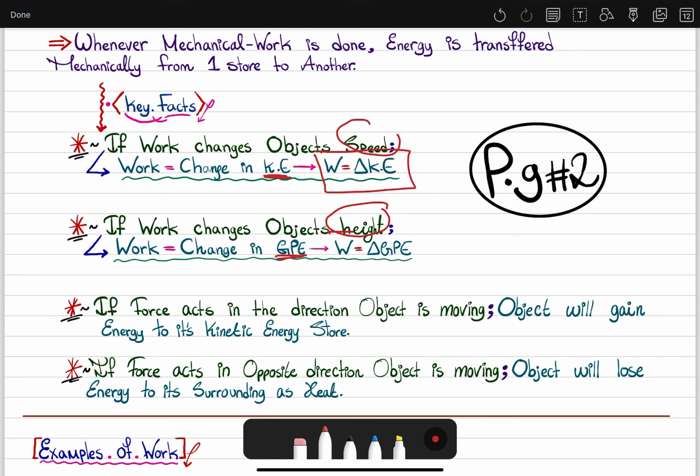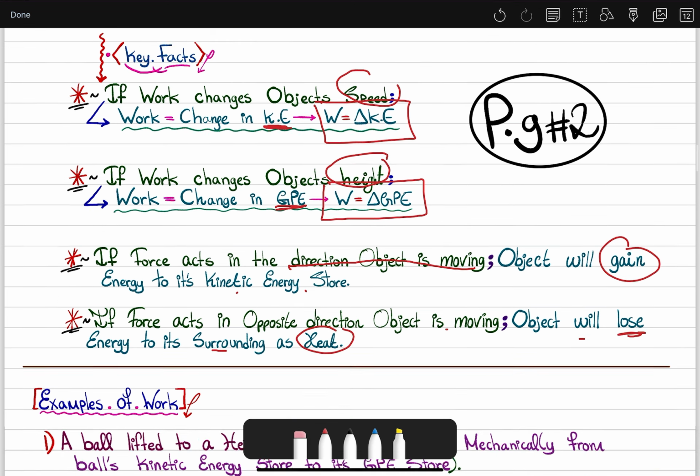So work is equal to change in GPE. If the force acts in the direction the object is moving, the object will gain energy in its kinetic energy store. If the force acts in the opposite direction to the object's motion, the object will lose energy to its surroundings as heat. Alright, I hope that's clear.